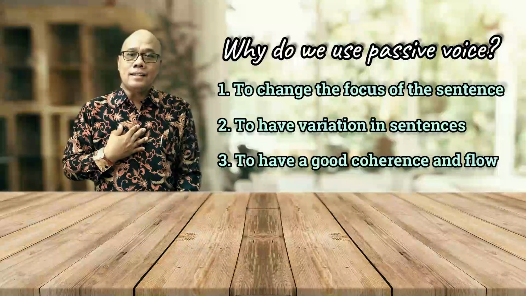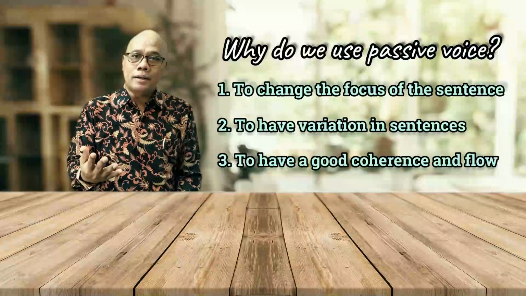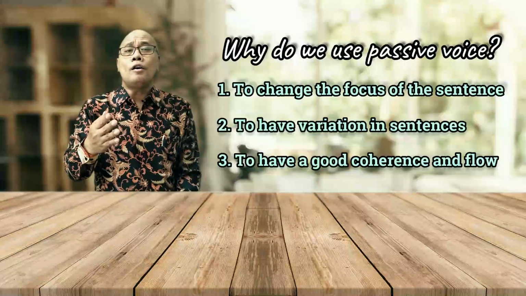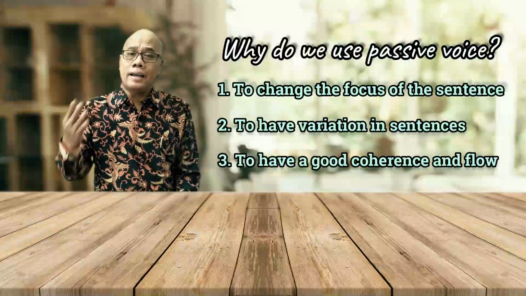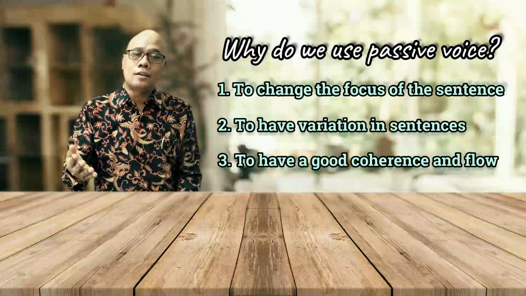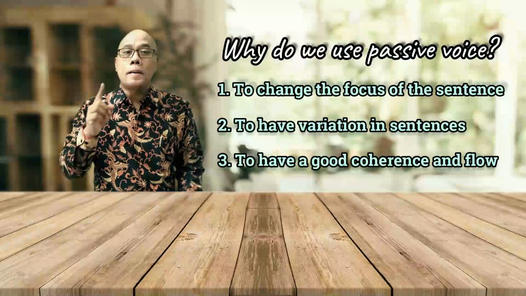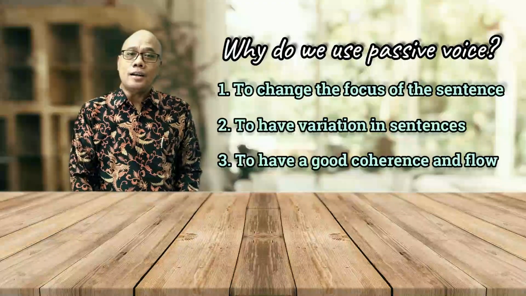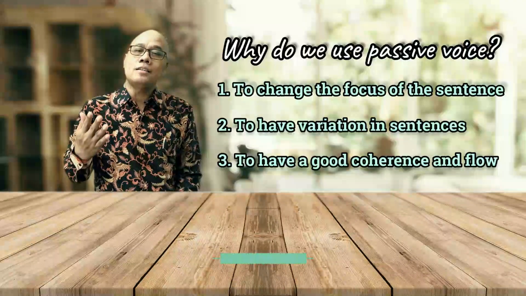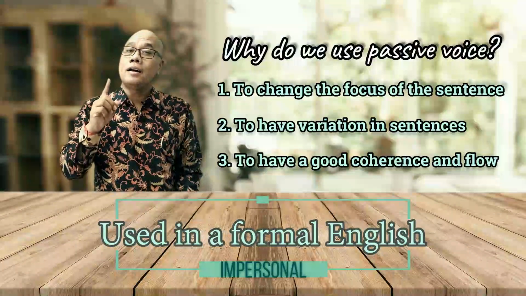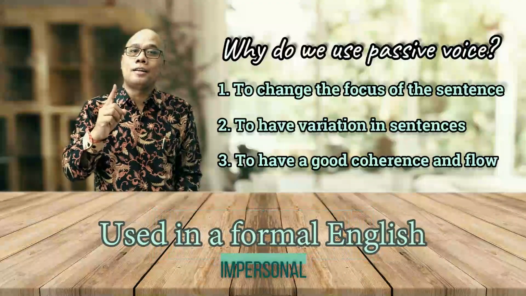So to make our sentences more understandable and flow from one sentence to another, or from one idea to another idea, we use passive voice to make our writing more enjoyable to read. In short, passive voice is mostly used in formal English and not personal.